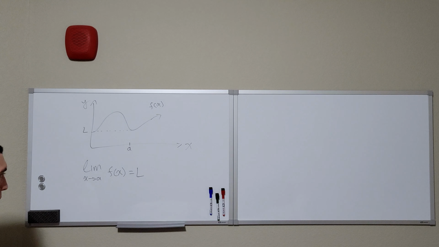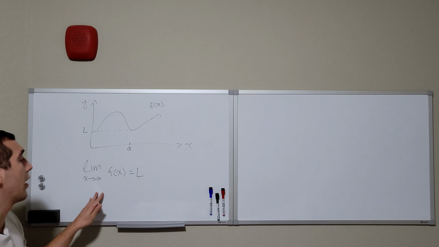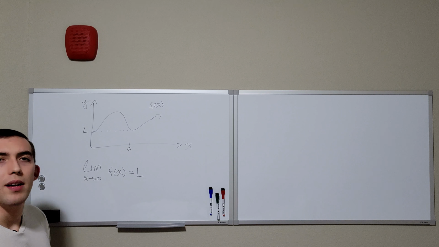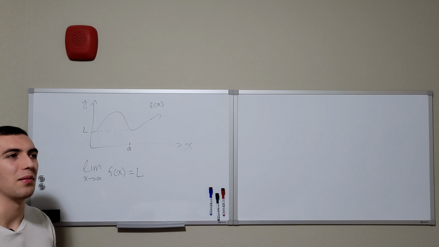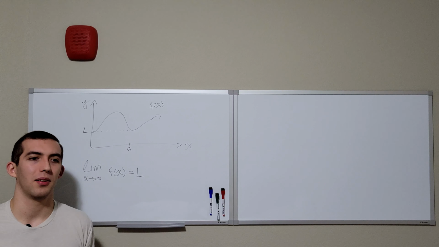Seems pretty simple. Now we have to break it down a little bit further, because now we have to ask ourselves, when does a limit exist and when does a limit not exist, right?